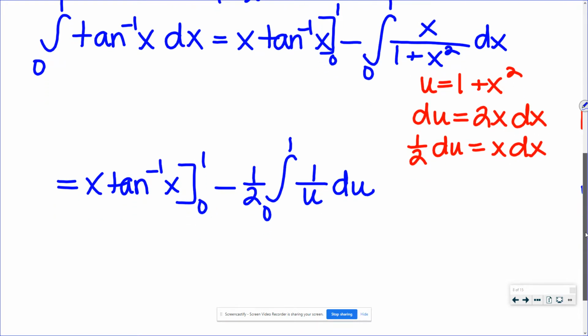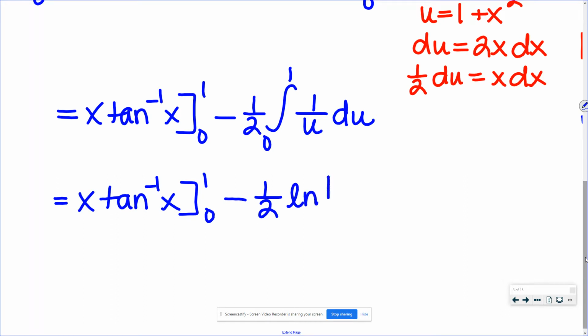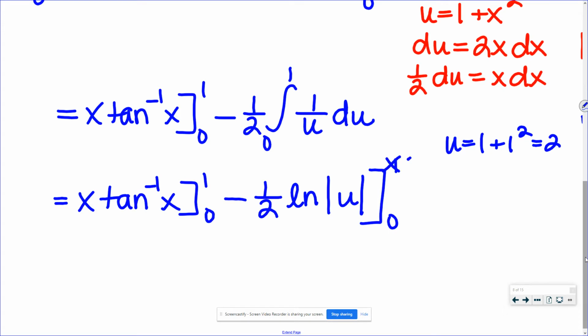And then I'm going to antiderive, which antiderivative would be ln. And I'm evaluating that from 0 to 1. I think I'm going to use the shortcut where I change the 0 and 1 in terms of u, so I don't have to change everything back to x's. So if I do that, I'm going to plug 1 into my u equation. So that's 2. So this will become a 2. And plug 0 in, and you get 1. So this will become a 1.